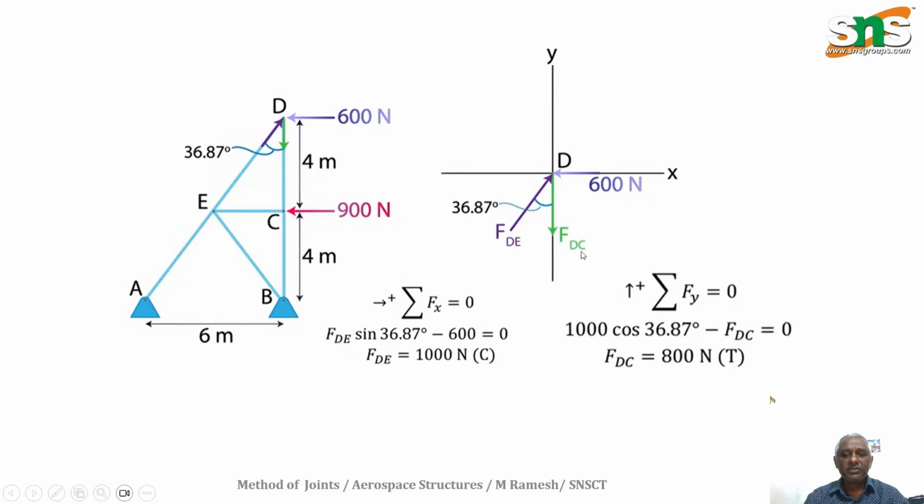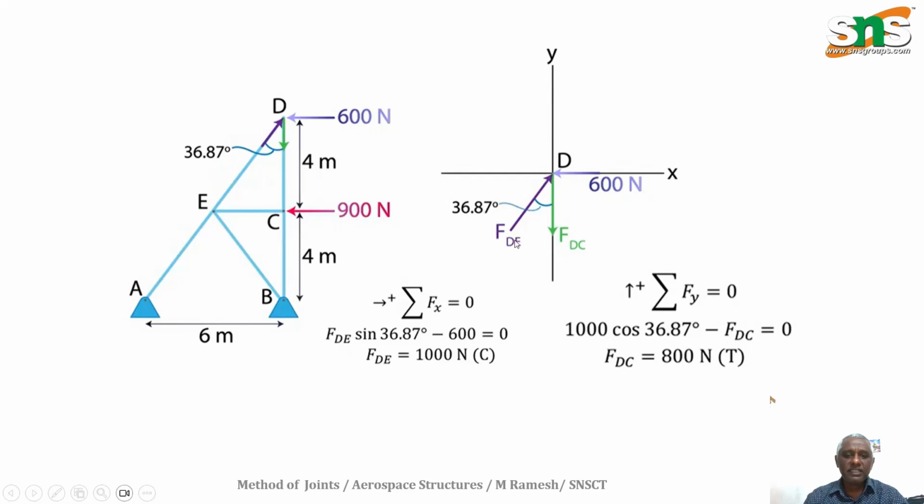Then we can use another static equilibrium equation, that is the sum of all vertical forces equal to 0. Here we have two forces. FDC is a downward force, that is a negative value, so minus FDC.